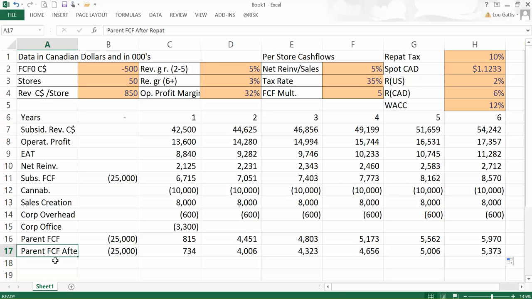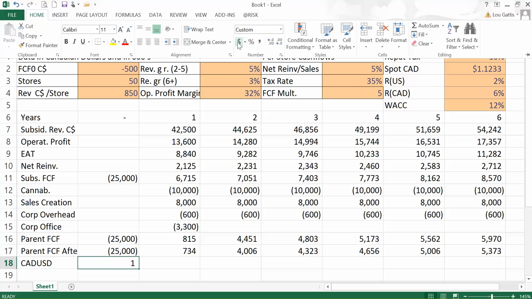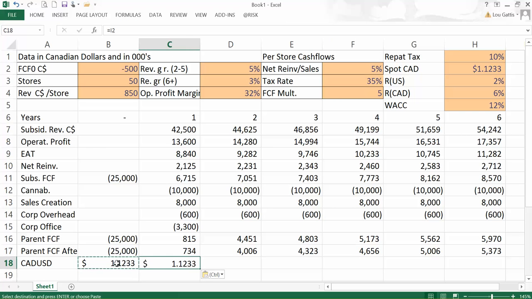Now we have total Canadian dollars available to send back home, but we're going to convert that to US dollar. So I want to get the CAD USD exchange rate. We said the spot price is $1.1233. And then I'm going to use interest rate parity to forecast the exchange rate for the next 6 years.